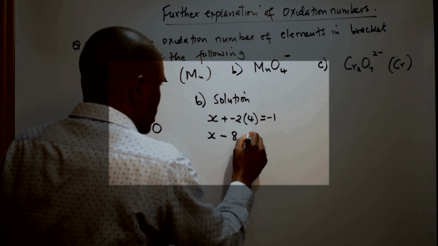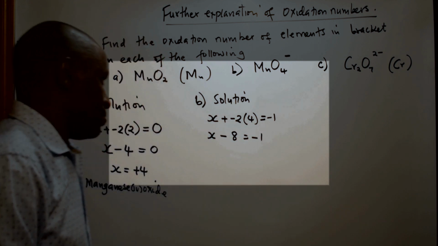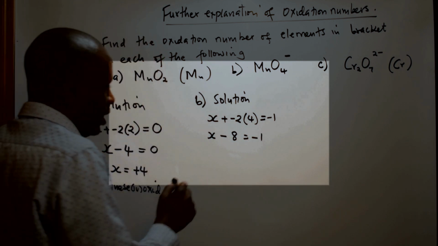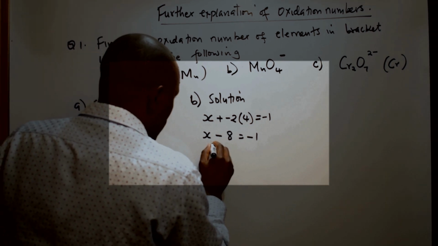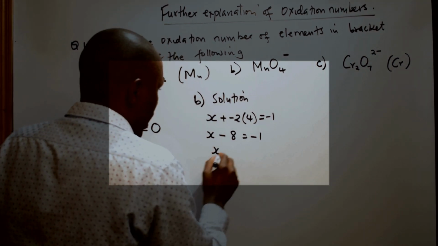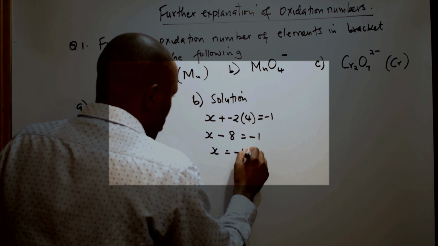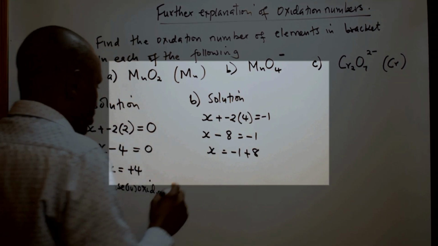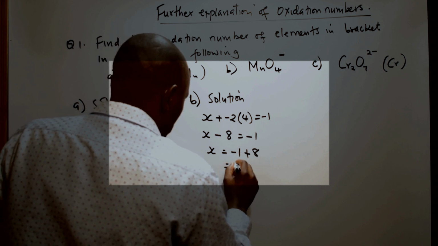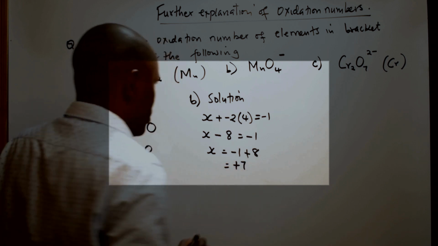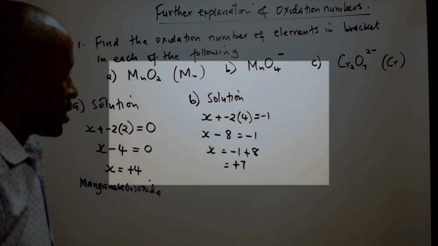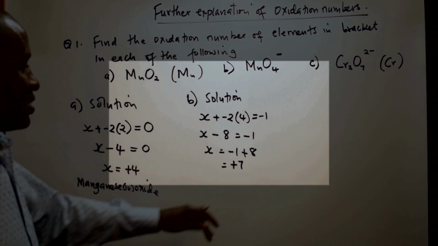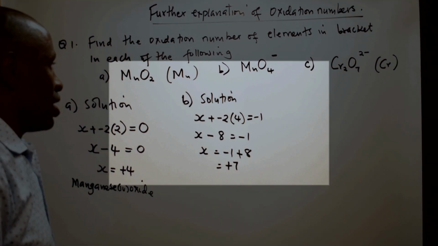Now, having said this, I'll have my X - 8 is equal to -1. That means my X will be equal to -1 plus 8, taking -8 to the other side, and obviously this becomes +7. +7, that's what we're talking about.